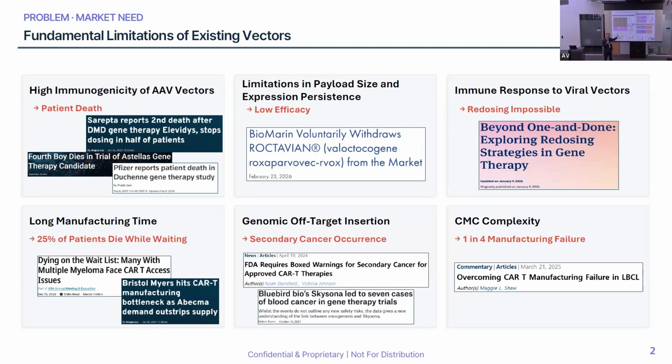There are also problems like patients dying while they're waiting for the manufacturing of the cell therapy. So hopefully we are trying to address this problem, coming up with a new type of vectors designed by AI to explore a larger design space.